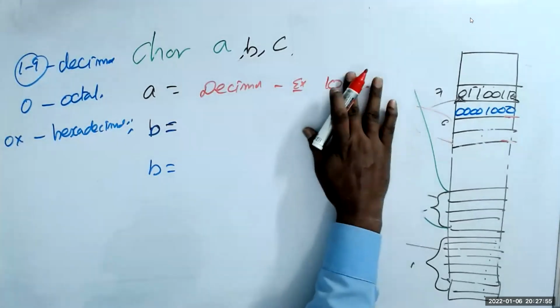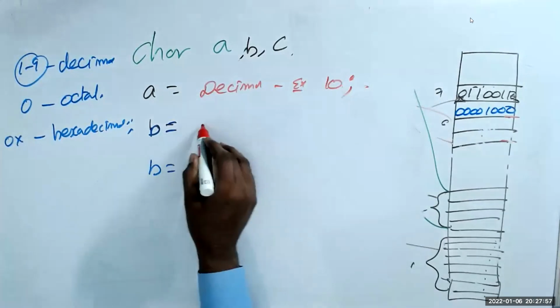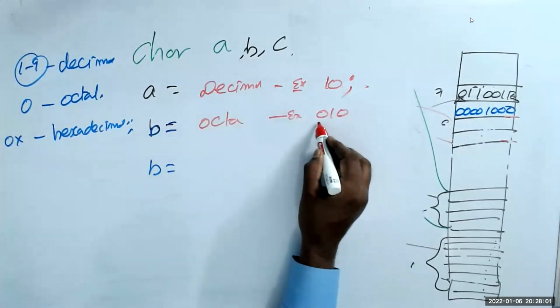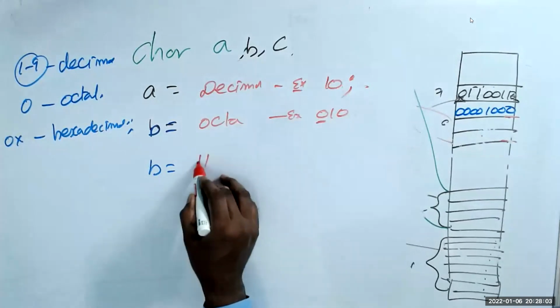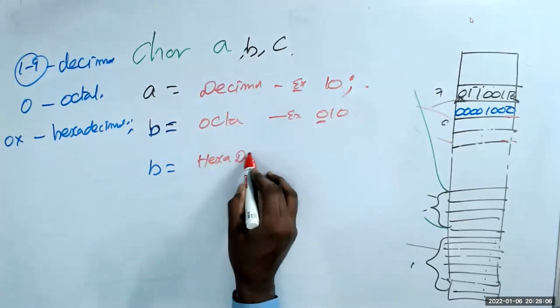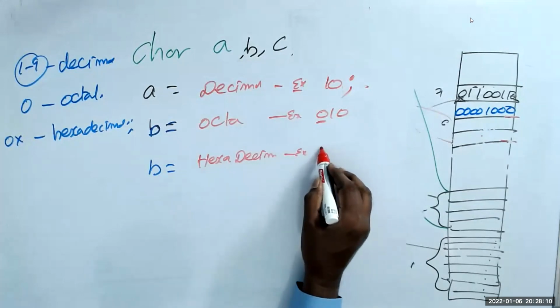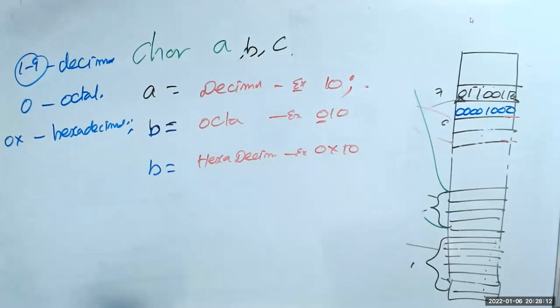You take 10 itself. Or octal: 0, 1, 0. Start with 0 means octal. Hexadecimal: 0x10.